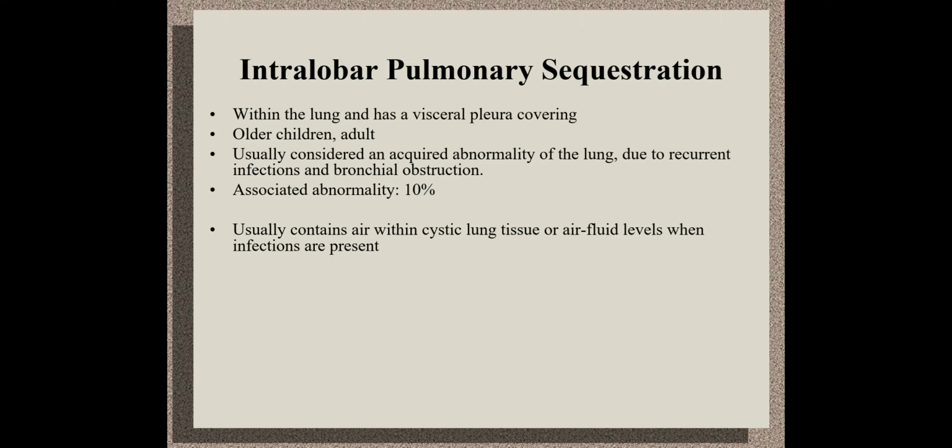Regarding the intralobar, it has a visceral pleural covering, is diagnosed in older children and adults, and is usually considered an acquired abnormality. It usually contains air within cystic lung tissue, or air-fluid levels when infection is present.